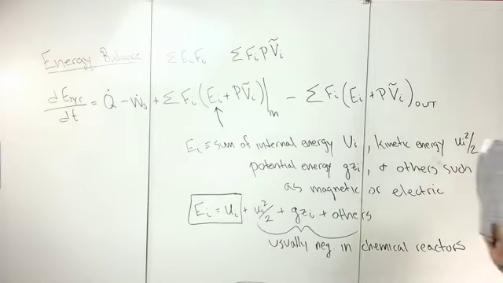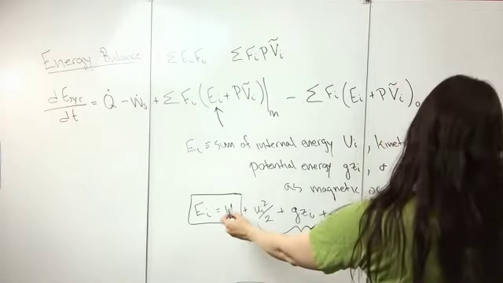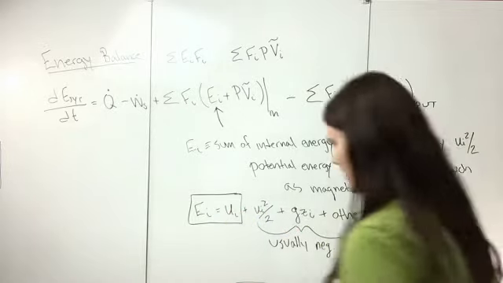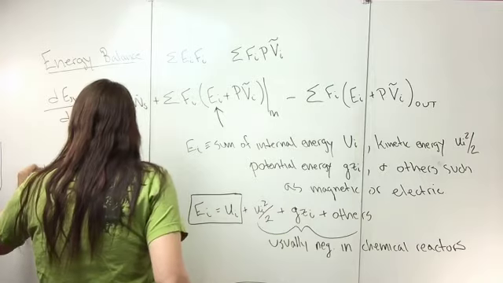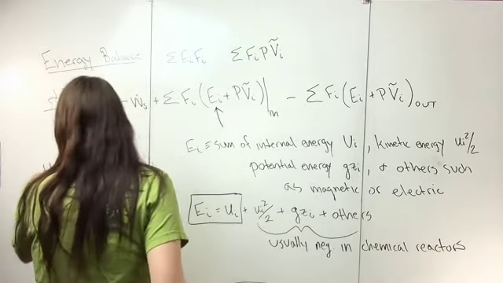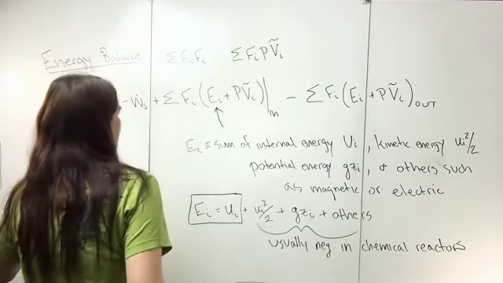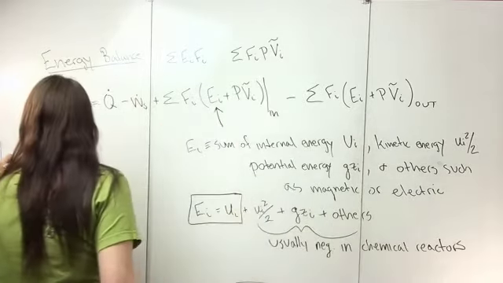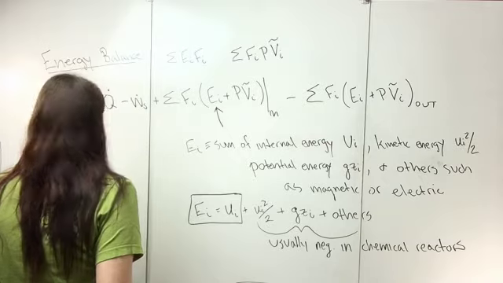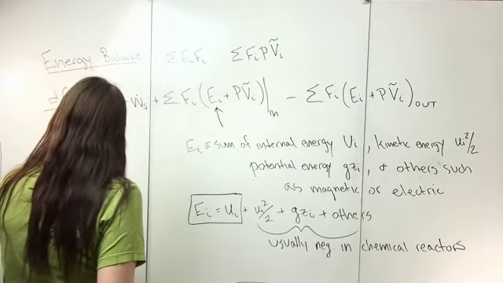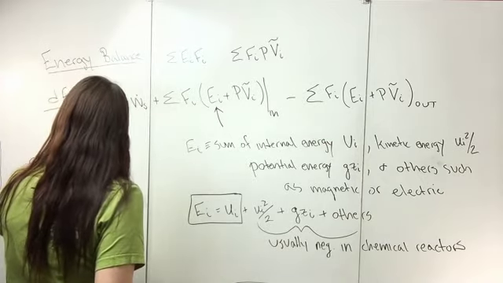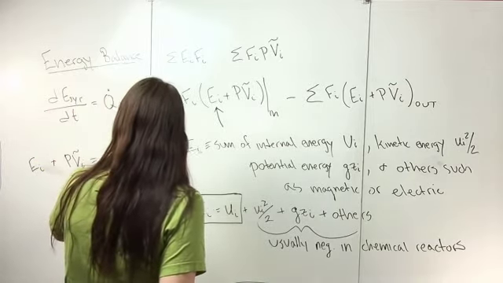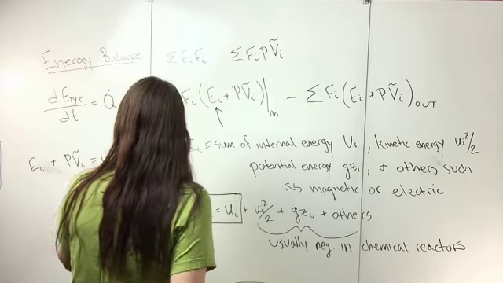So then if we go back to here and we plug in Ui for Ei, if we take this term, Ei plus P Vi, we say that this is equal to Ui plus P Vi.